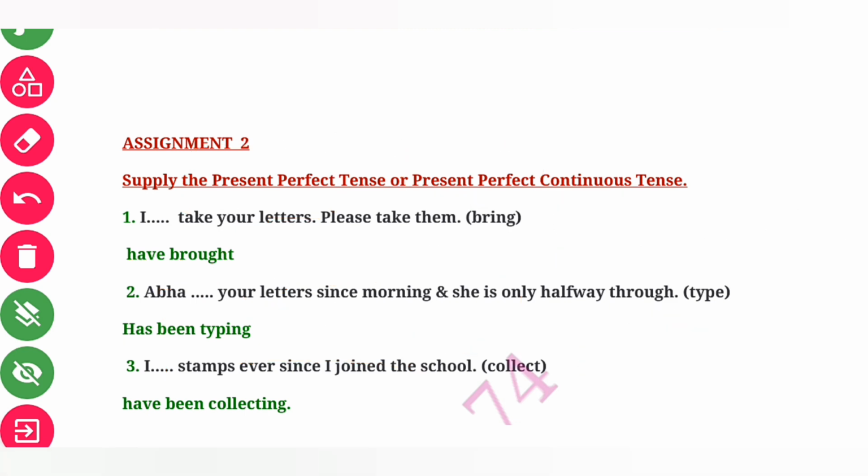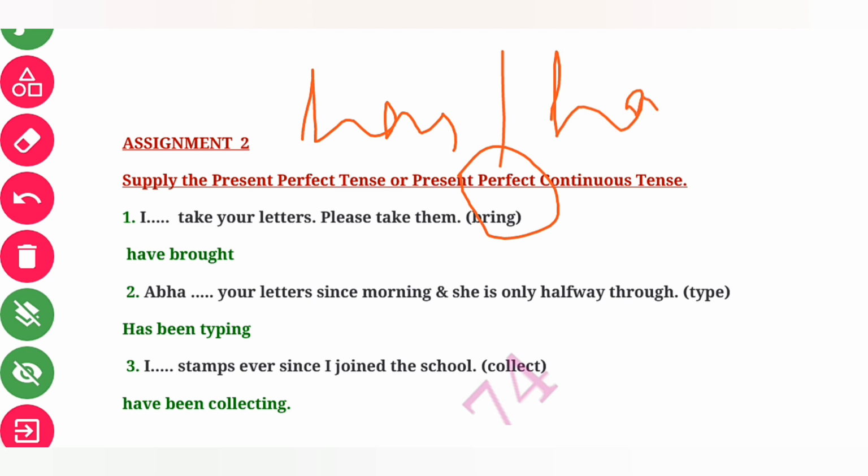Let us see. I dash your letters, please take them. The verb bring is to be used. When we read this statement, we find the action that has been completed. Has and have are the two verbs we can use here. Has is used for singular, and since I is given we cannot use it, so have is the option.